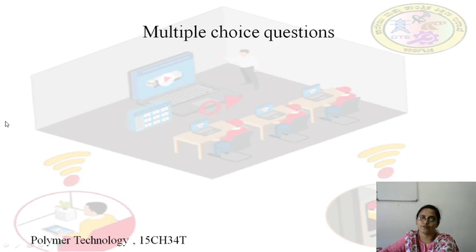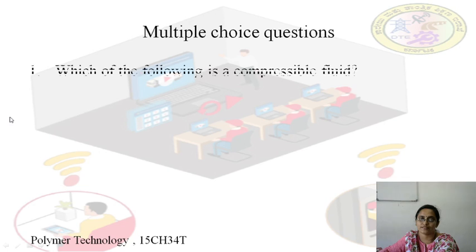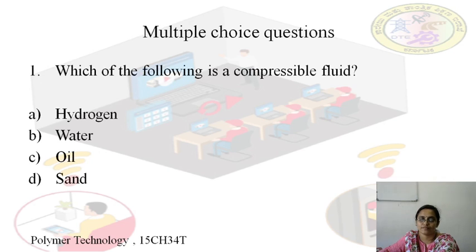Now we are coming to multiple choice questions. Which of the following is a compressible fluid? A. Hydrogen, B. Water, C. Oil, D. Sand. Here are the options.